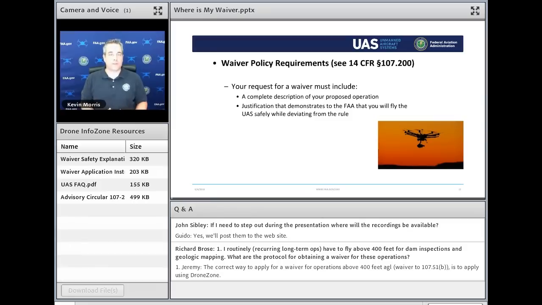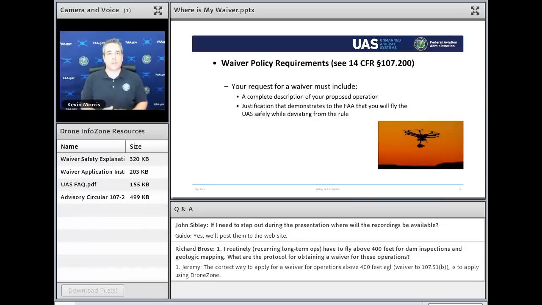In Part 107, in addition to the rules that we list that allow you to apply for a waiver, we give you some policy requirements. We state in the rule that your waiver must include a complete description of your proposed operation and justification that demonstrates to us that you will fly your UAS safely while deviating from the rule.